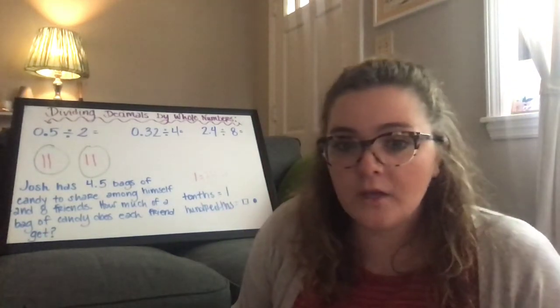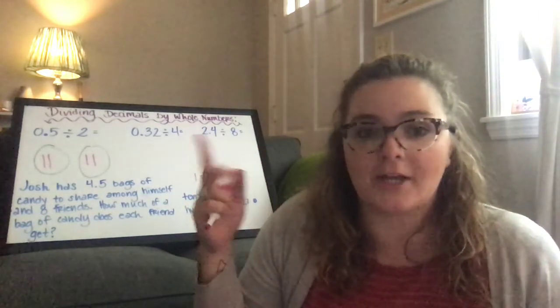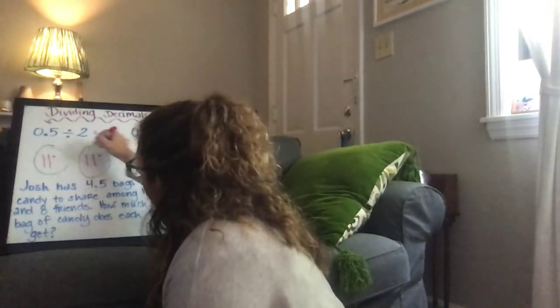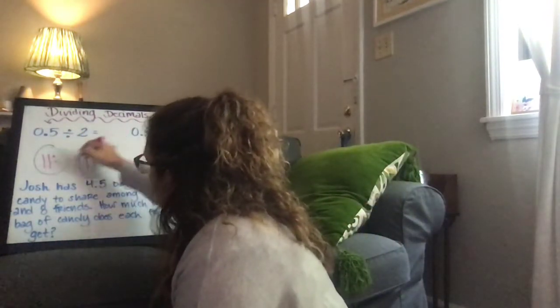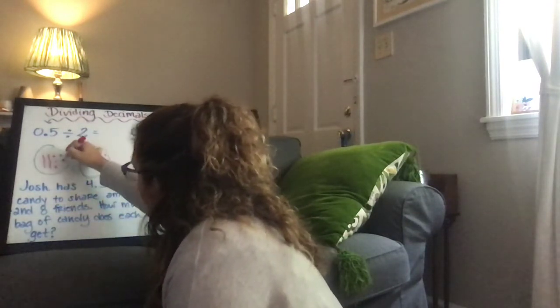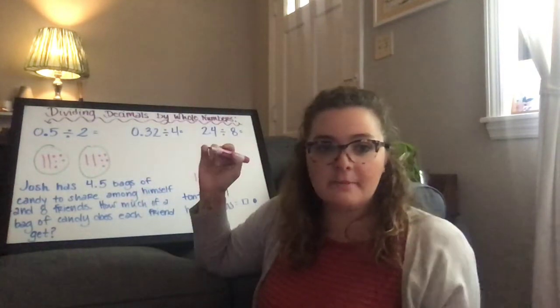So I know I'm now trading out that last tenth rod that I have to be actually 10 hundredths. So 1, 2, 3, 4, 5, 6, 7, 8, 9, 10. Okay? So now I've gotten to my 10.